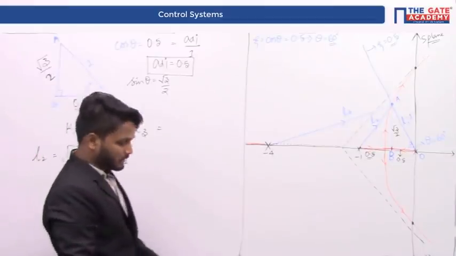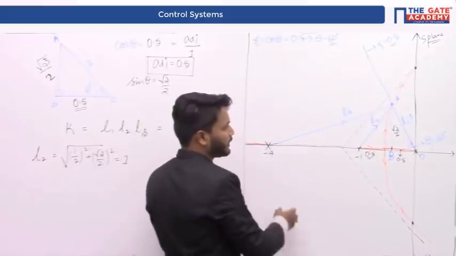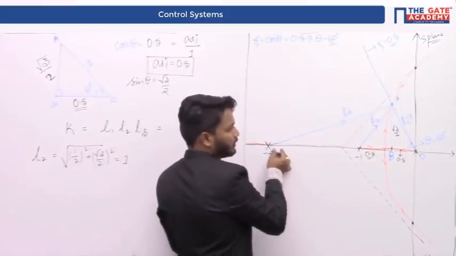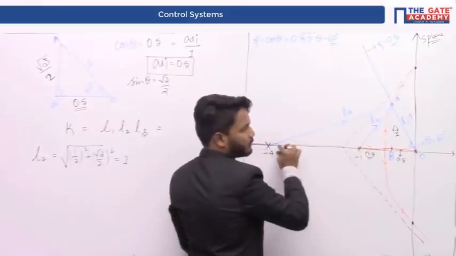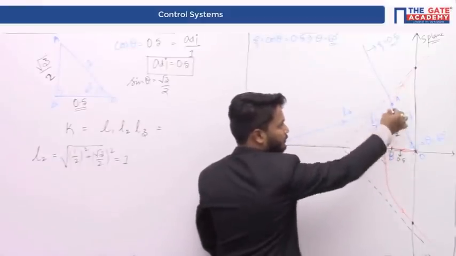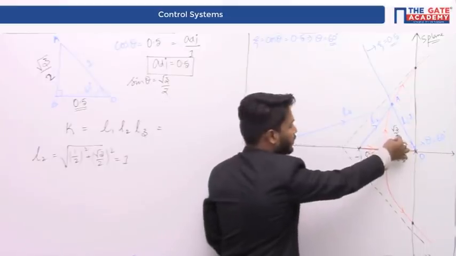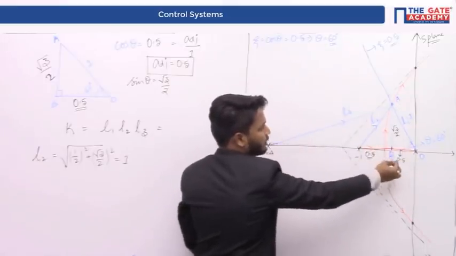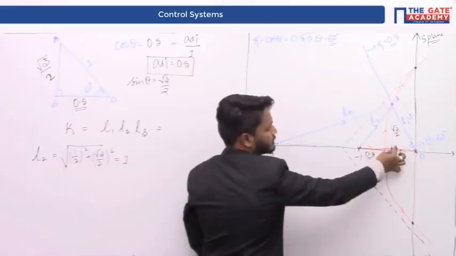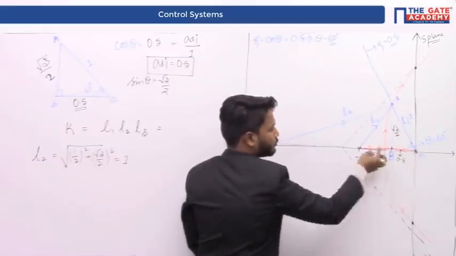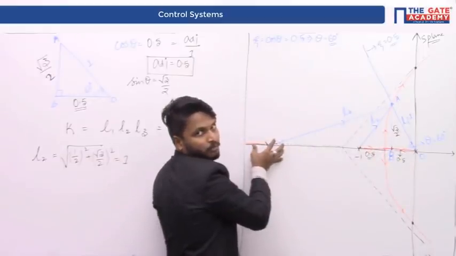So what about L3? In order to find L3, we need the base as well as the height of this triangle. The height of the triangle is already known, that is root 3 by 2. And the base of the triangle, from here to here the distance is 0.5, and from here to here the distance is 4.